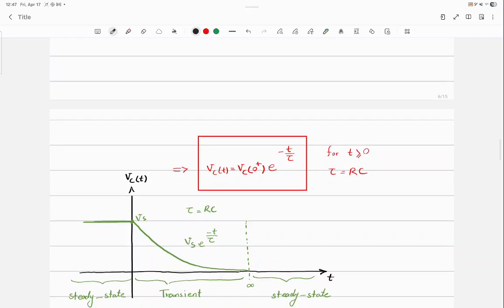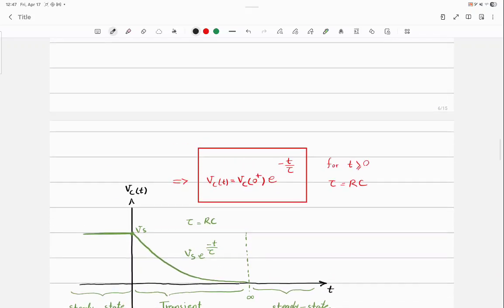And finally, even your equation. Let me actually change this equation to write the full length of it.